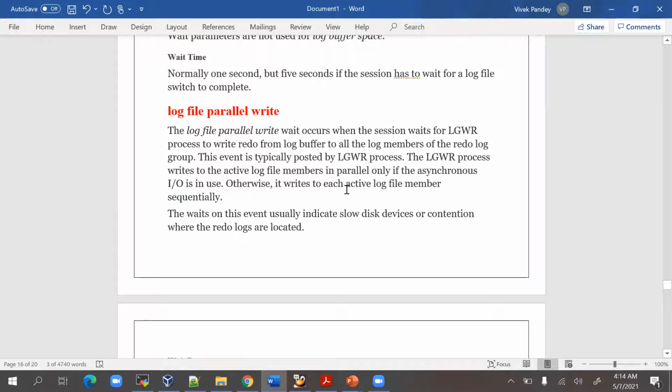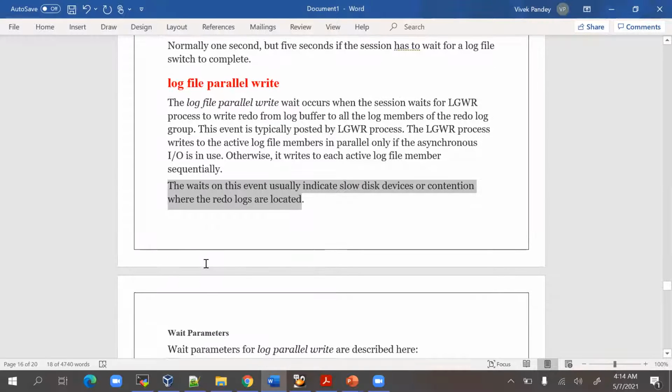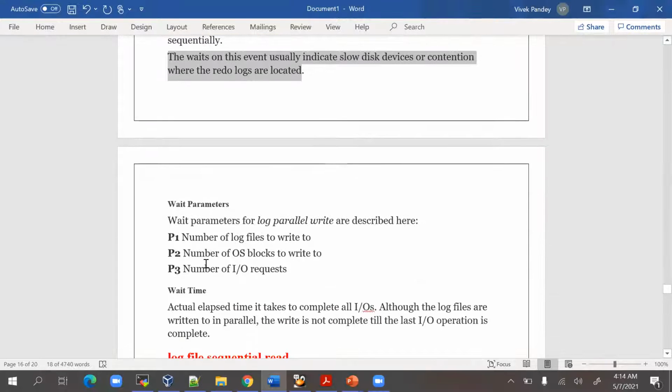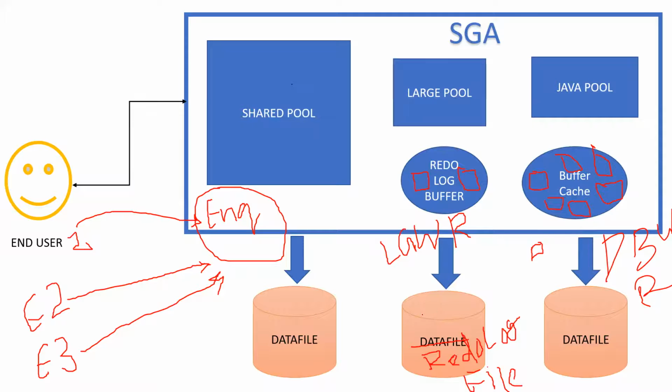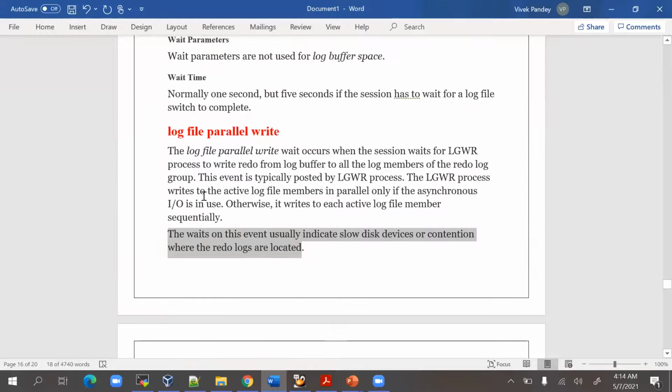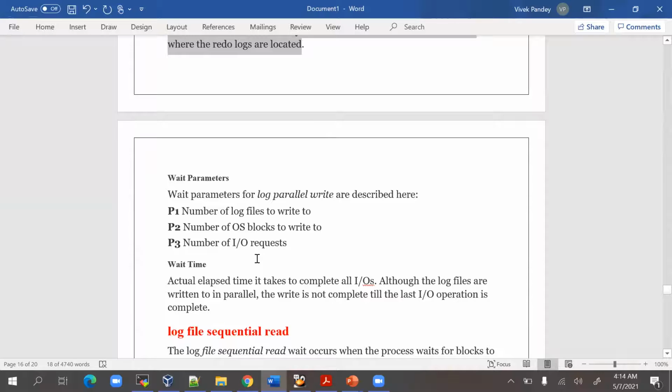Otherwise, it writes to each active log member sequentially. The waits on these events usually indicate slow disk devices or contention where the redo logs are located. So there might be a scenario where your IO storage, on which your redo log files are written, is slow, and that could result in log file parallel write wait events.